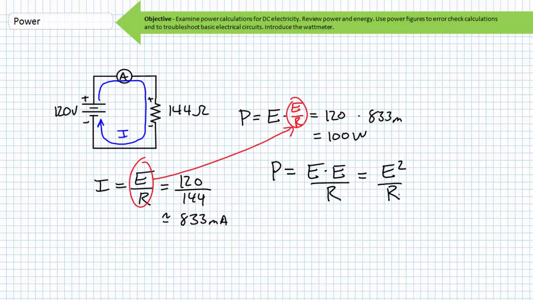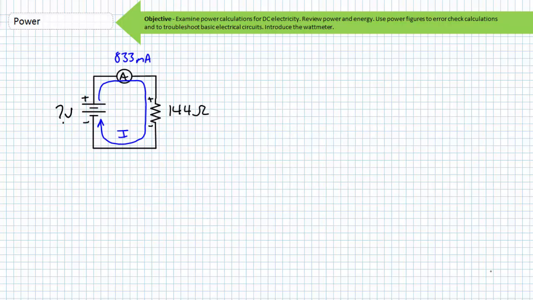Simply by taking the voltage drop across the resistor, or the voltage supplied by the source, squaring it, and then dividing this value by the resistance value, we can determine the power dissipated by this bulb with no current measurement necessary. This is a major time saver. At no point do we ever need to measure nor calculate current. Neat, huh?